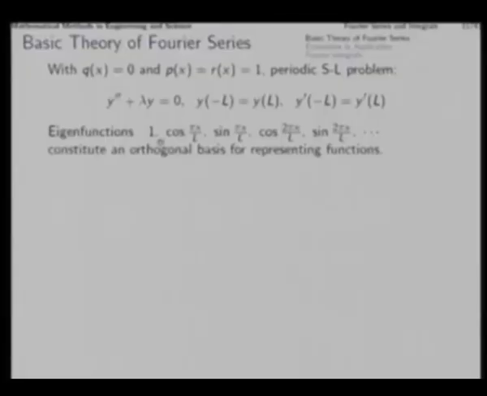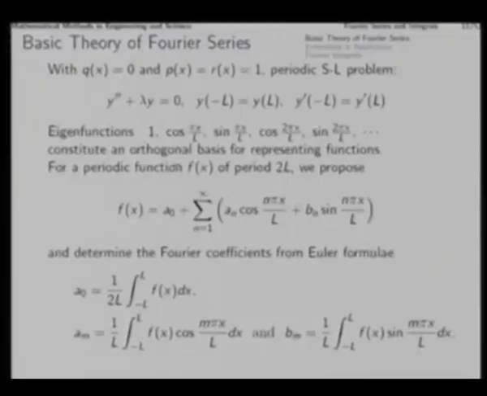But this particular family of basis members offers something more. It offers another facility. So, if we want to represent a periodic function of period 2L, because we have applied periodic boundary condition.